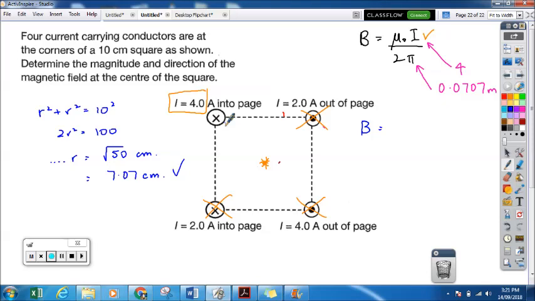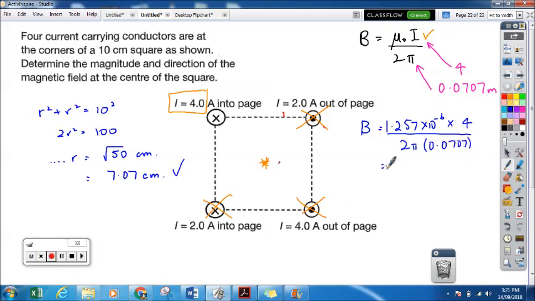Right, you've now paused the video, you've had a go at doing that. So let's just check, mark your work. We've got that the permeability of free space is 1.257 by 10 to the minus 6. The current was 4, all over 2 pi times 0.0707.